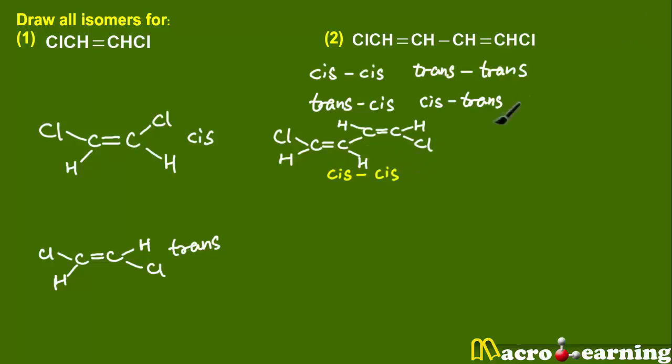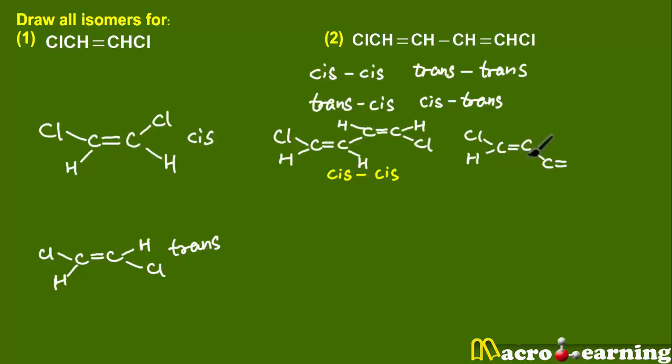Okay, and let me change back to this color real quick. So for trans, it's going to be where both the double bonds are opposite to the other one. So the first double bond is trans. That means chlorine and this big guy are on opposite sides of this double bond.